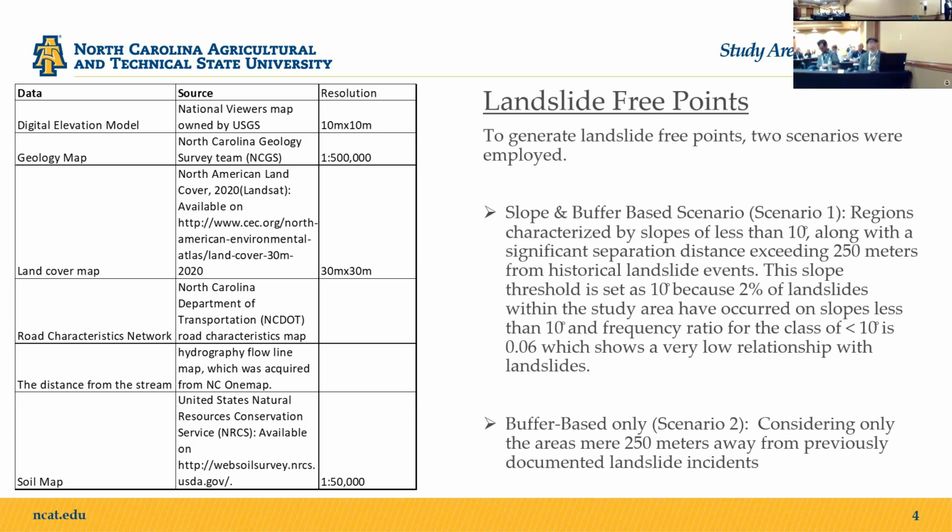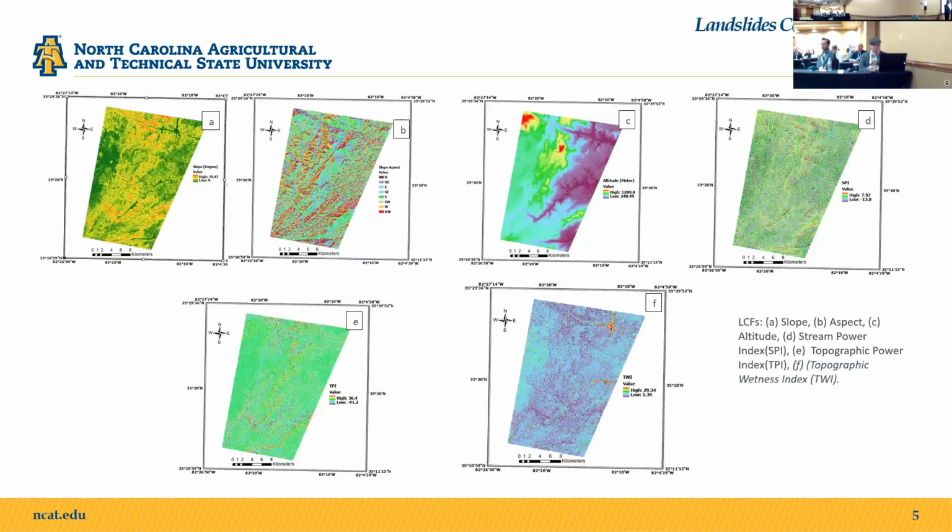That is why some people claim that it is subjective. So the second one is buffer-based only. We only chose a distance of 250 meters away from landslides. So that's how we generated the landslide-free points.